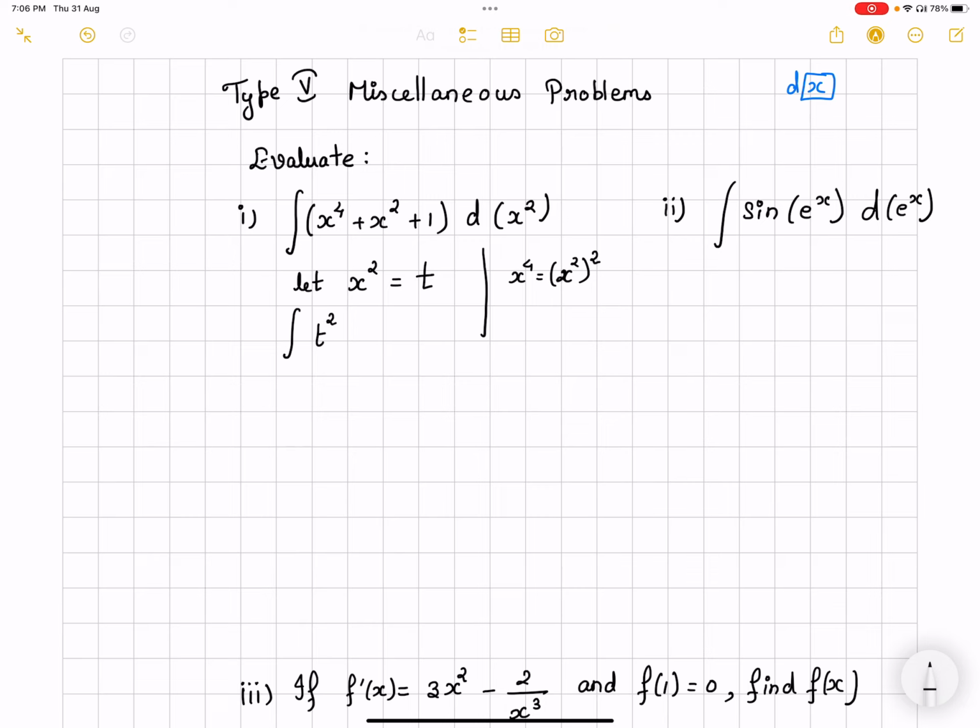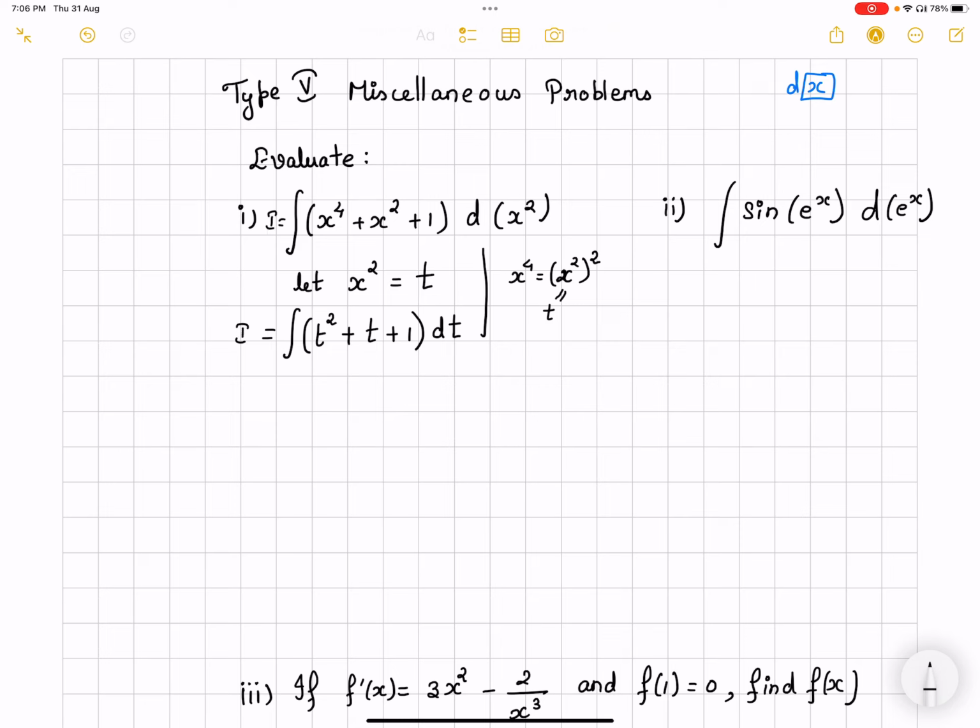So this becomes t square, because x square is equal to t. In that case, it becomes t square plus t plus 1. We have 1 here, so I would be writing it as it is, 1, and then dt.